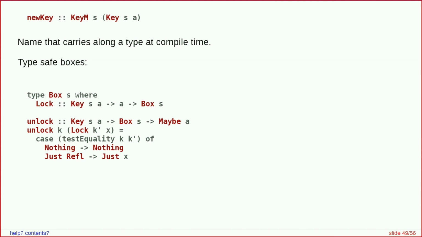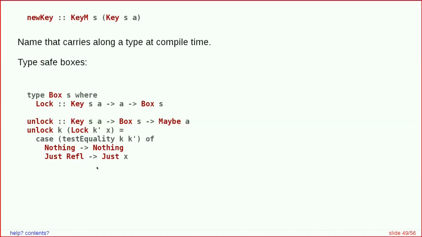And it will either work and give me the value back, or it won't and give me back nothing. Okay, that is very much like the toDynamic from Dynamic stuff, except we've got this key in there. And what the key means is that the compiler knows at compile time that the type of the key matches up with the type of the value in the box.